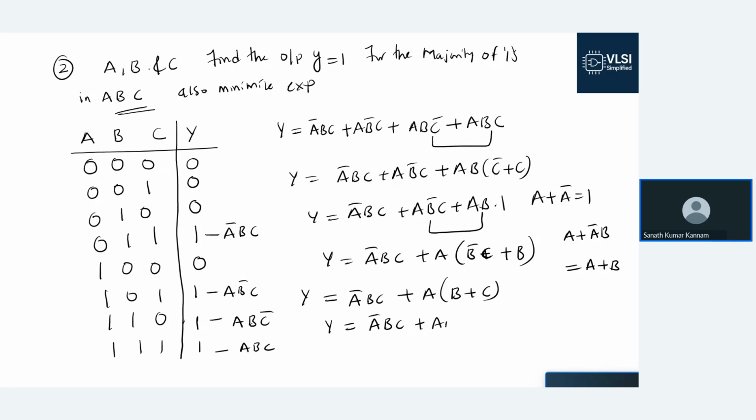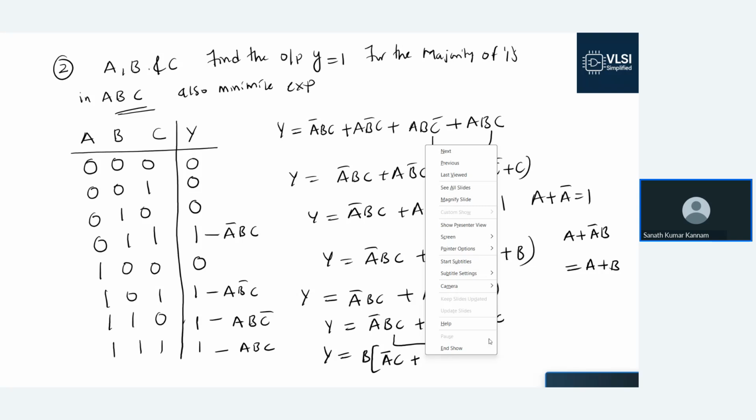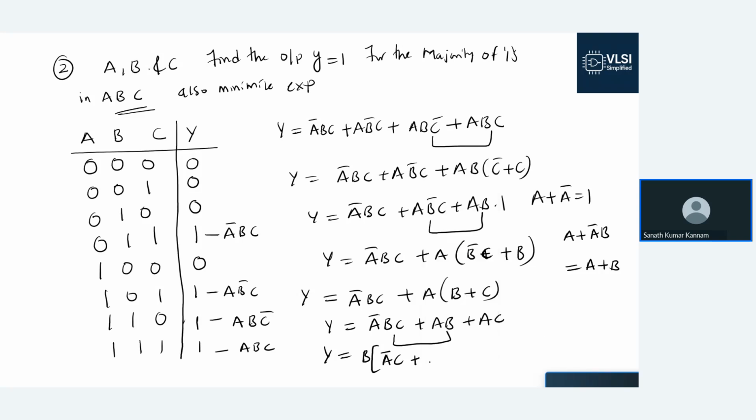Next, Y equals A bar BC, this is AB or AC. From these two, what can we take common? You can take B common. Y equals B common (A bar C or A) or AC.